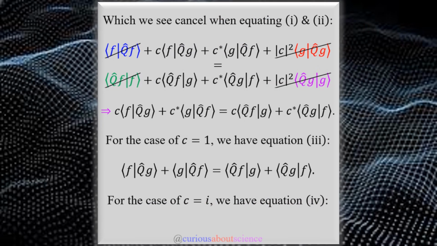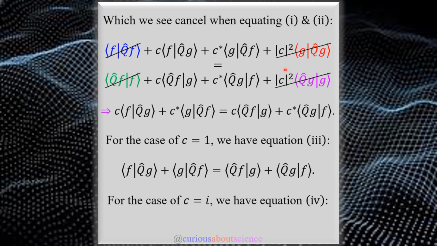So then, okay, we see that if we equate 1 and 2, the left-hand side of the original statement and the right-hand side after the substitutions of a linear combination, we see that we have the conditions here of Hermitian on the opposite side of the equal sign. So if I minus this over, I have the same thing here, so they cancel.